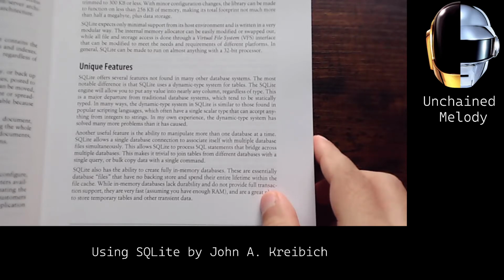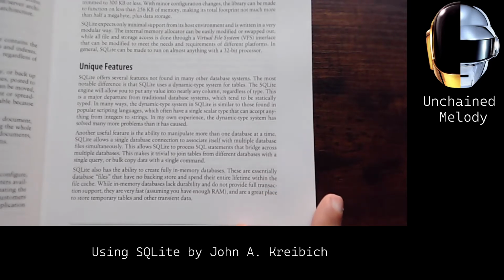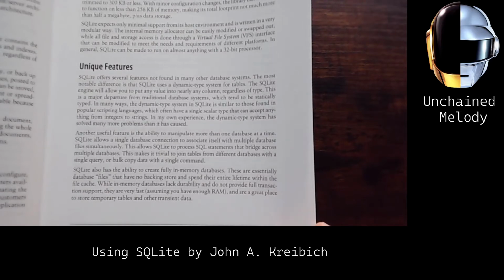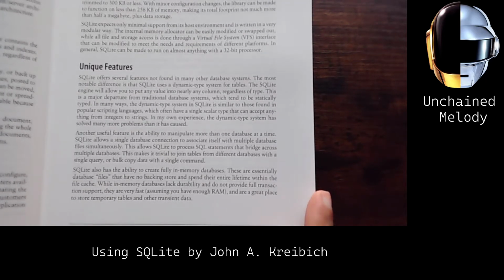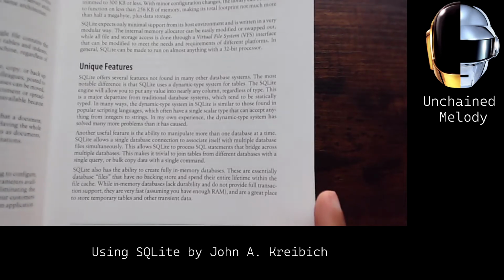SQLite also has the ability to create fully in-memory databases. These are essentially database files that have no backing store and spend their entire lifetime within the file cache. While in-memory databases lack durability and do not provide full transaction support, they are very fast, assuming you have enough RAM, and are a great place to store temporary tables and other transient data.